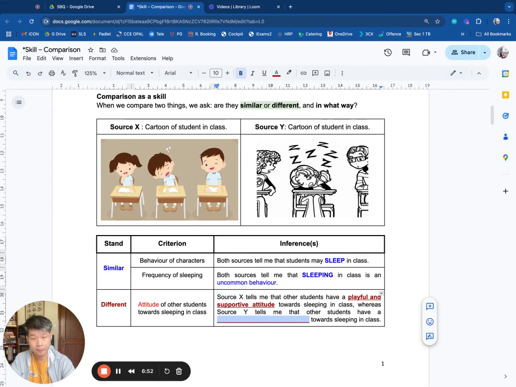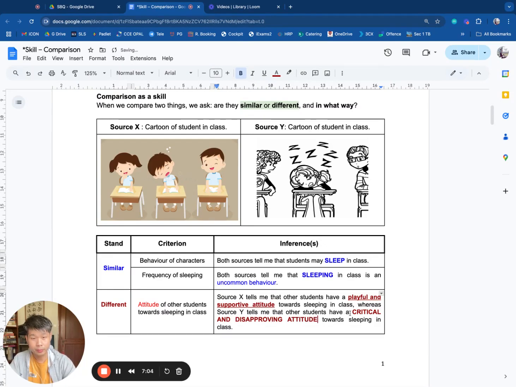They have a critical and opposing, disapproving attitude to sleeping in class. So this here is a response that you might have come up with.